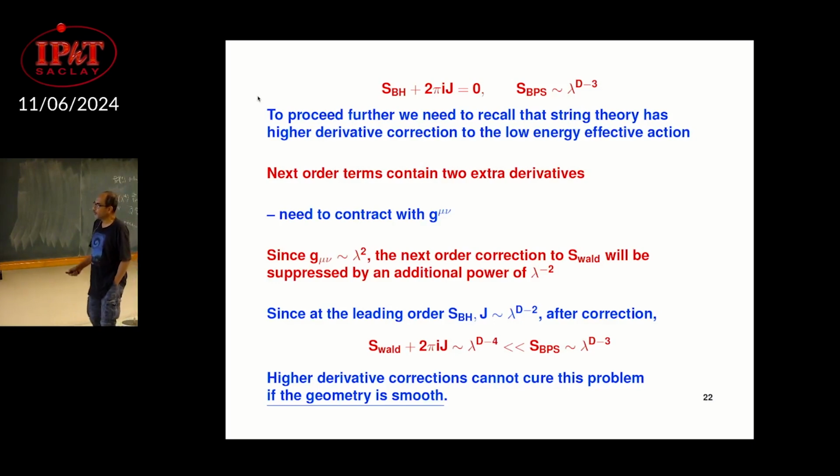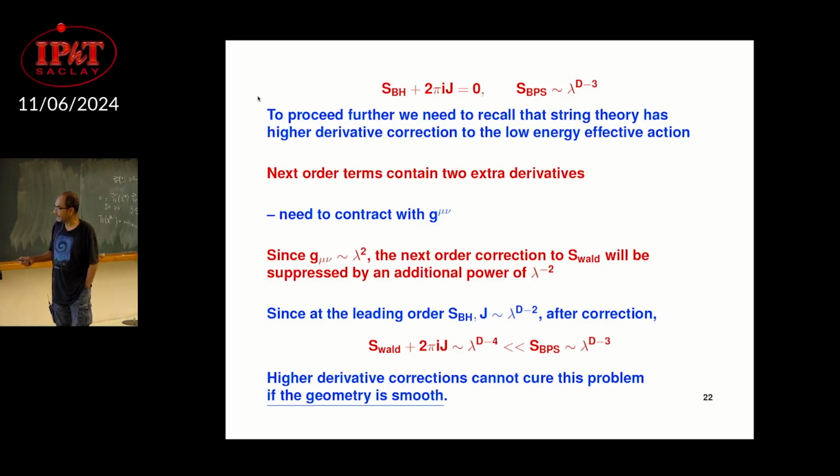Previously, j was going as lambda to the d minus 2. After taking into account the next order corrections, we would expect that this was 0 to the leading order.